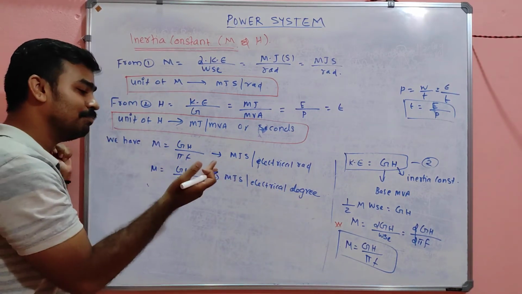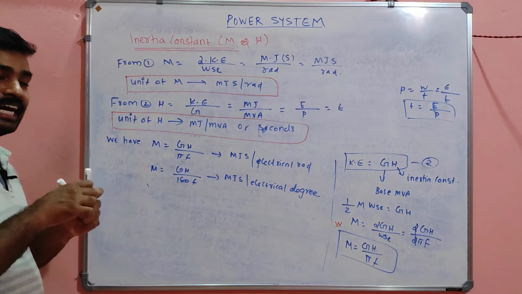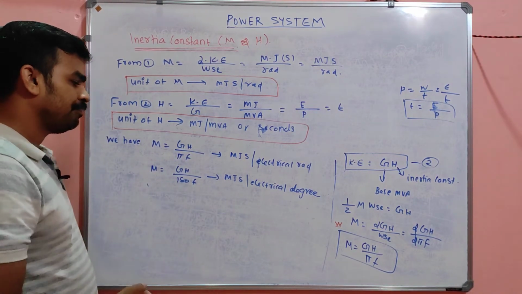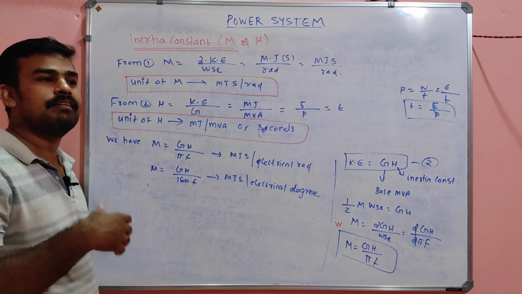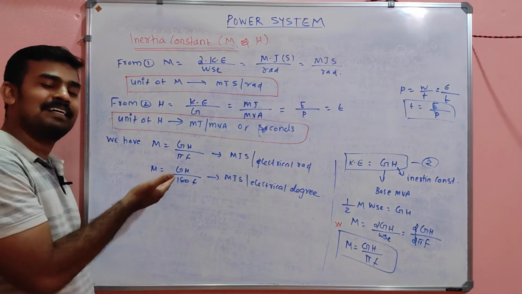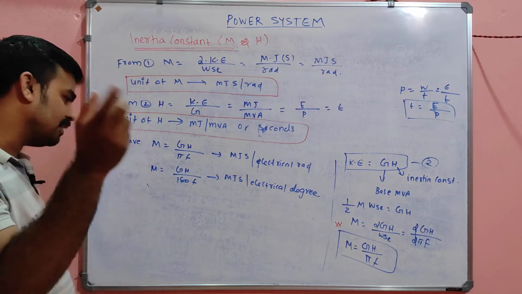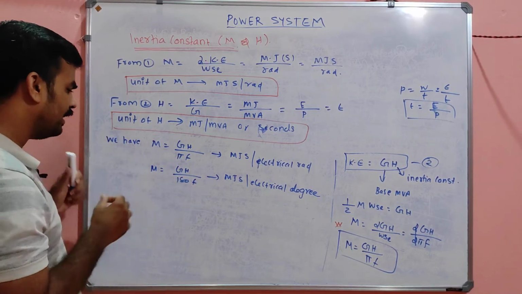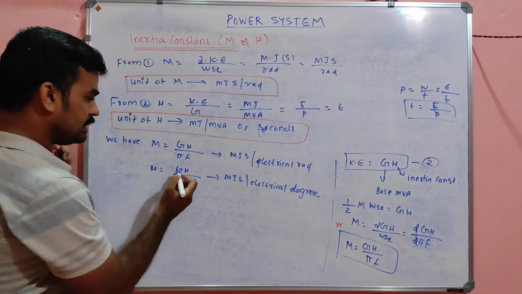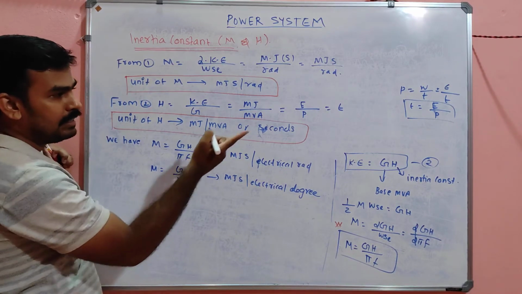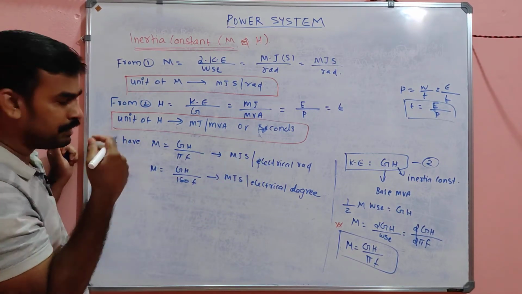There are chances of making errors, because if the questioner gives you the value in electrical degree and you substitute it for electrical radian, then things will change. You should take care of that also. G is nothing but the base MVA, or rating of the machine.